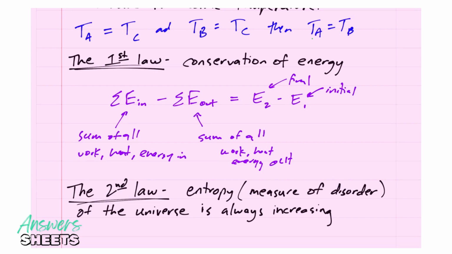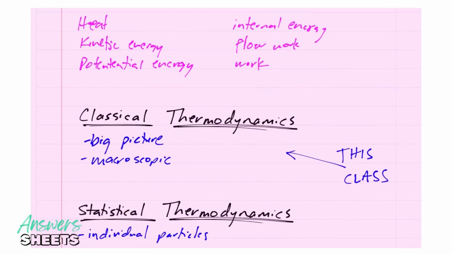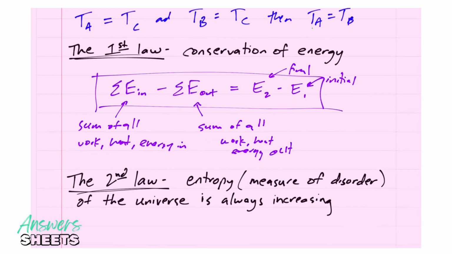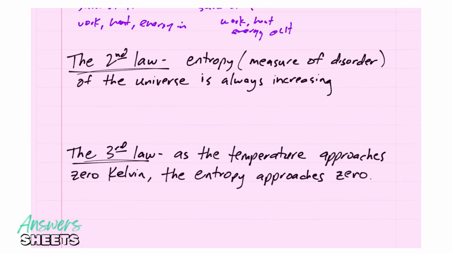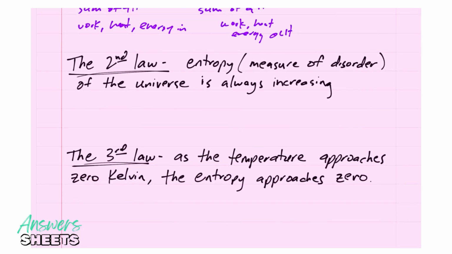If it started right here and then an hour later ended right here, then it's our ending energy minus our starting energy. We are going to see that again and again. That is what I want you to learn from this class: conservation of energy, how to calculate and keep track of all the energy going in, energy going out, and the change in energy in our system. And like we said, there are lots of different types of energy that we're going to have to keep track of.